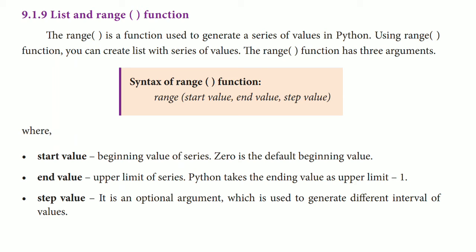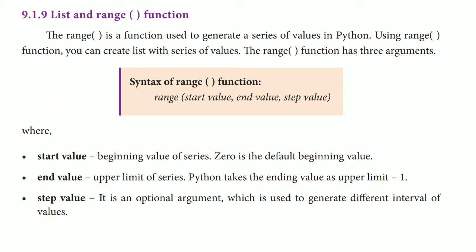The starting value is the beginning value of a series, and 0 is the default beginning value. If you don't provide any start value, then Python will take it as 0 automatically. The end value is the upper limit of the series, to which extent the series must go.